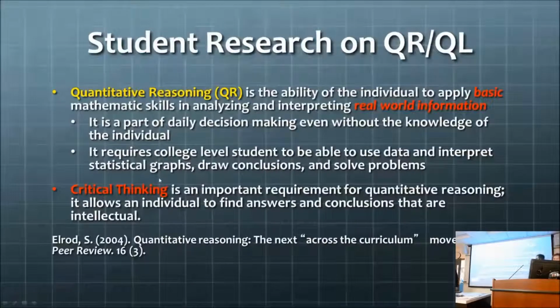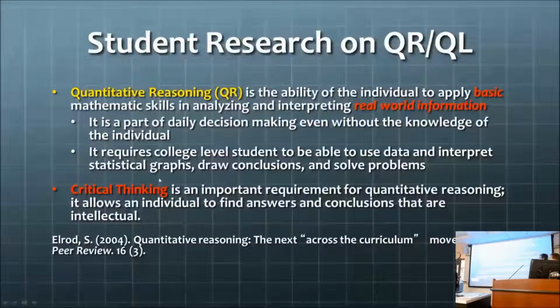The research we conducted on the students was to test their quantitative reasoning and quantitative literacy, integrating what they already know from the real world and applying it to their reasoning in the classroom.